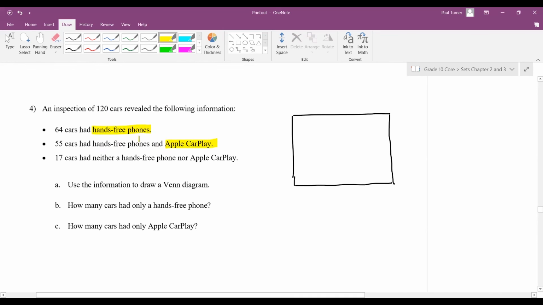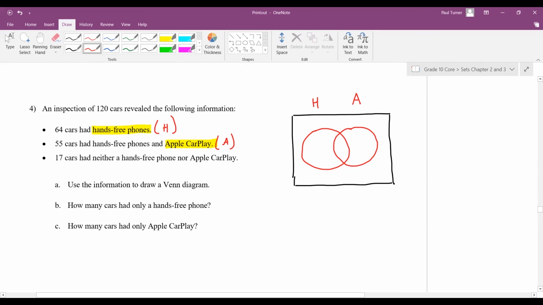So you've got 2 sets. Let's call that one H, hands-free phone, and Apple CarPlay can be A. And maybe some cars have both. So you make your diagram, make them overlap. So then we've got H, hands-free phone here. Apple CarPlay is here.